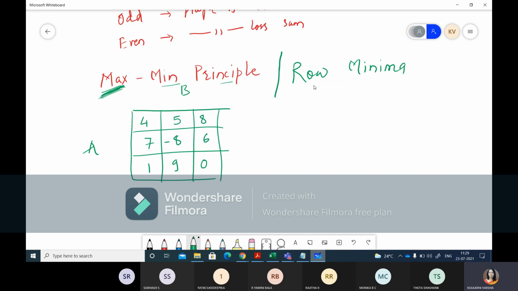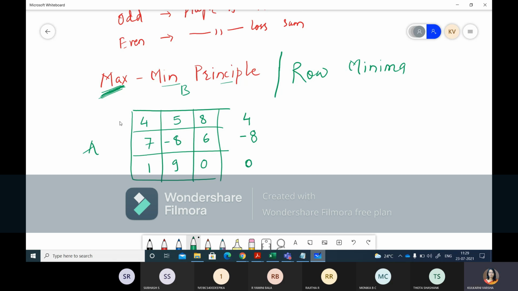So what exactly will this row minima do? From each row we have to write down the minimum gain. In the first row the minimum gain is 4, that is the minimum number. From the next row the minimum gain is -8, and from the third row the minimum gain is 0.